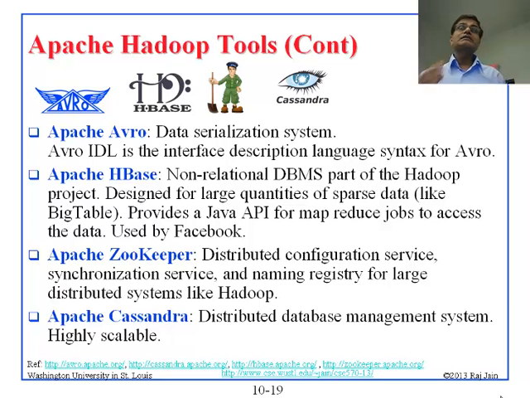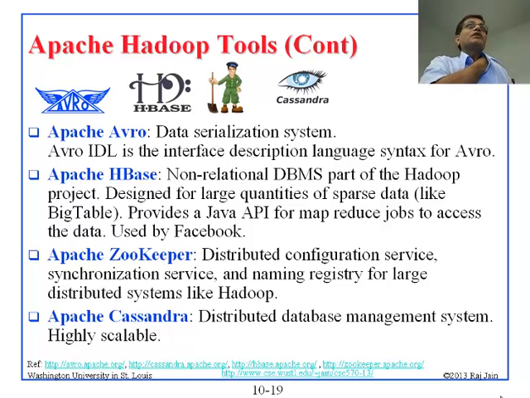So basically, here's the thing. I am just putting one line, but if you go to the books on big data, there is one chapter on Avro, one chapter on HBase, one chapter on every one of these lines that we have here. We don't have time for that kind of thing. So I just wanted you to be familiar with the name and a rough idea of what they do. If you ever have to do any of this, you will have to read those chapters.